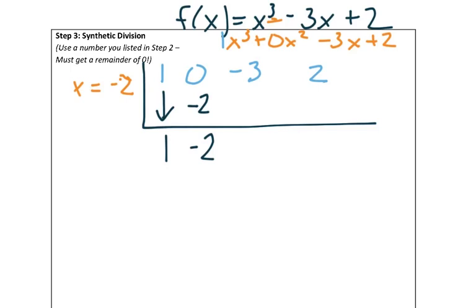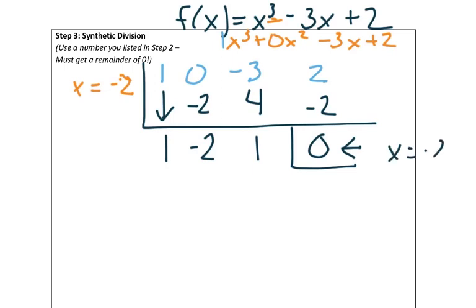Multiply outside. Negative 2 times negative 2 is positive 4. Add inside. That gives me 1. Multiply outside. Gives me negative 2. Add inside. Gives me 0. Because this is 0, I know that x equals negative 2 is one answer.